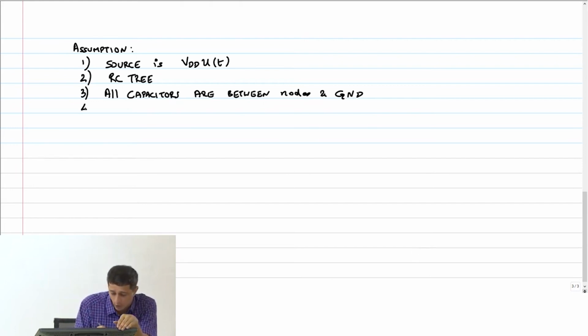Then we are also going to make the fourth assumption, which is very reasonable to a first order, that Vk of t is going to rise asymptotically with its own time constant, e to the power minus t by tau k.